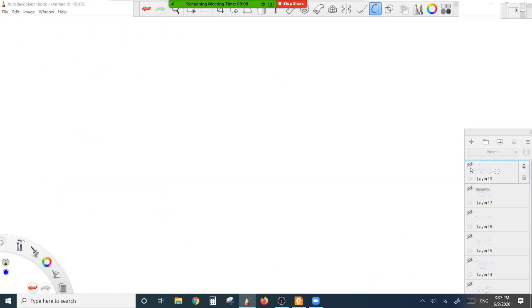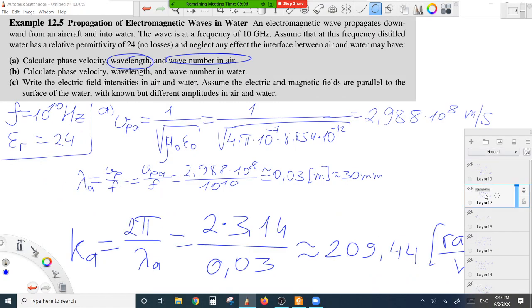Okay, the final part of the question. Write the electric field intensities in air and water.